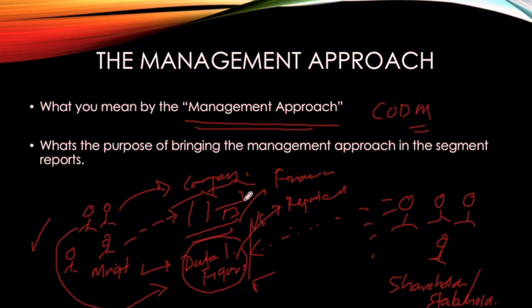So the entire segment reporting will be based on the figures that are provided to them. And we will add a reconciliation, which is a separate thing, for the purpose of decision making. So the shareholders would be able to know the figures from which the decisions have been made. So this is the end of session 1 on segment reporting.